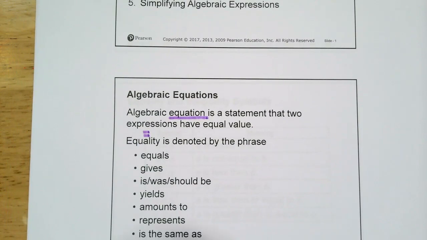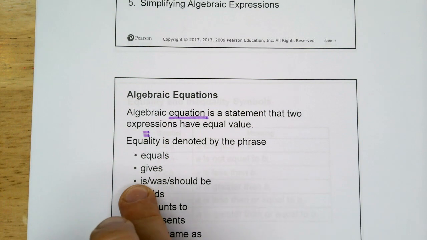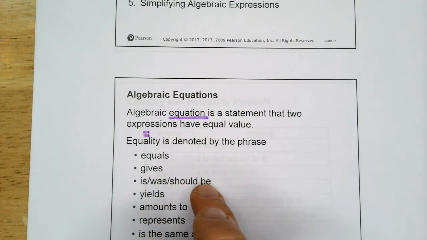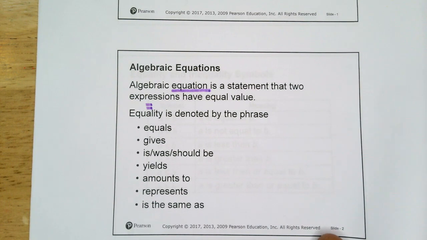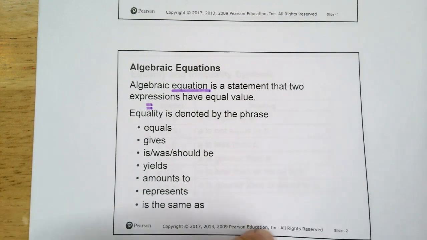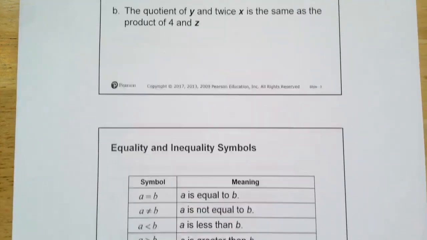If it's an English sentence, it'll have something like equals, gives, is, was, should be, yields, which is the same as gives, amounts to, represents, and is the same as. So those all mean equals. An equal sign means you have an equation.